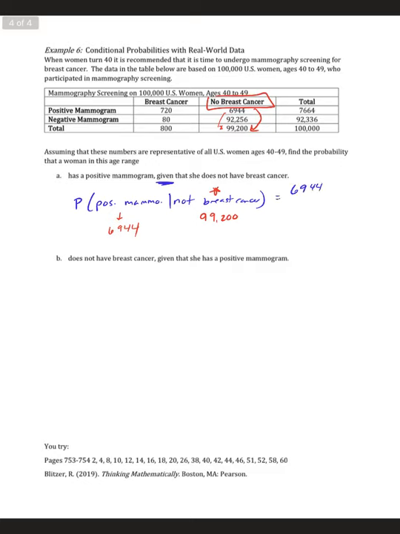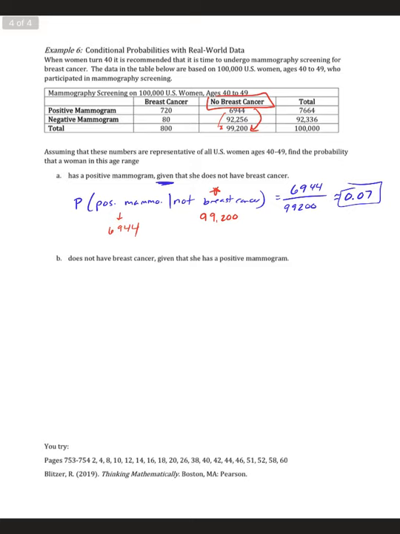So the 6,944 divided by the total amount that did not have breast cancer, which was 99,200. Now I'm going to convert this to a decimal to the nearest hundredths place, so I'm going to divide it out, and we get 0.07. On your homework, the instructions will be very specific about if you're answering as a decimal or a fraction. If it wants you to give a decimal, it'll tell you how to round.